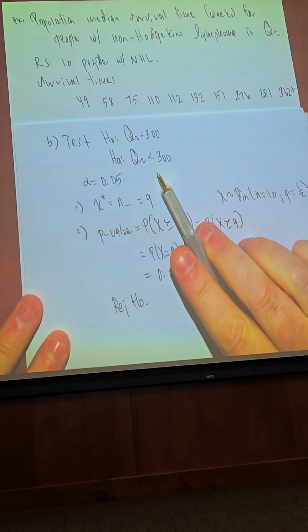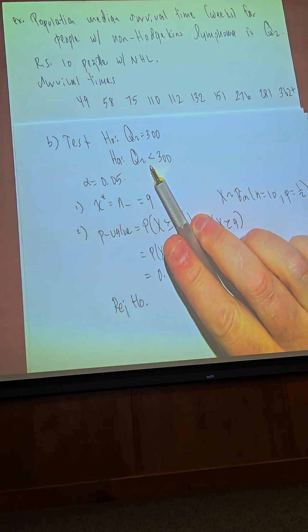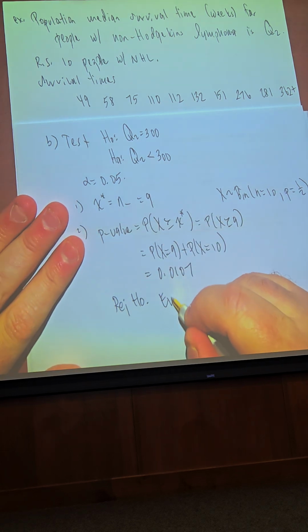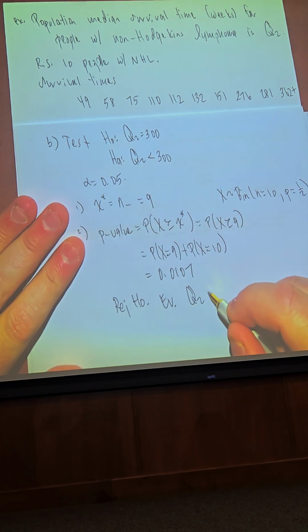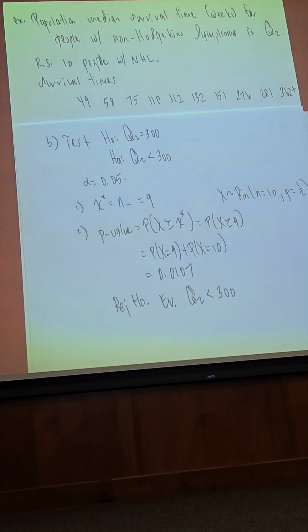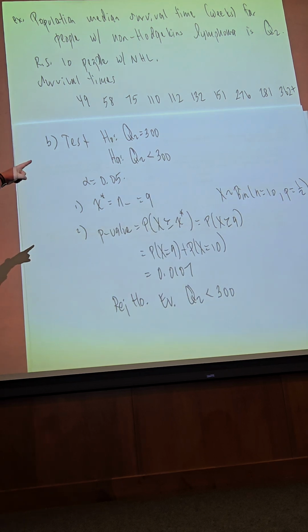What does that mean for the current situation? Do I have evidence that the population median is less than 300? The answer is yeah, I do. So we have evidence that the population median is less than 300. Which kind of makes sense, because if my median's 300, you should get about half your data below that and half your data above that.